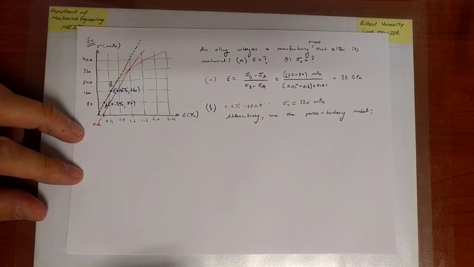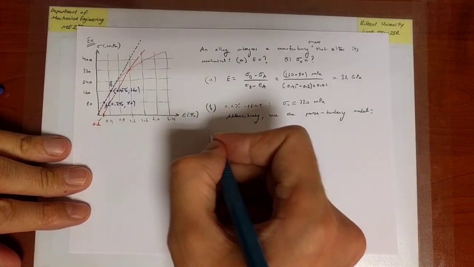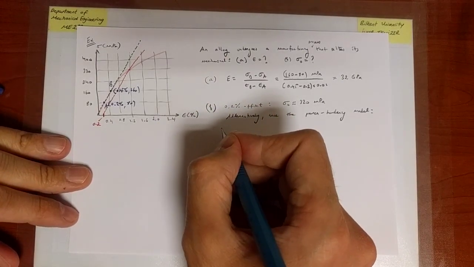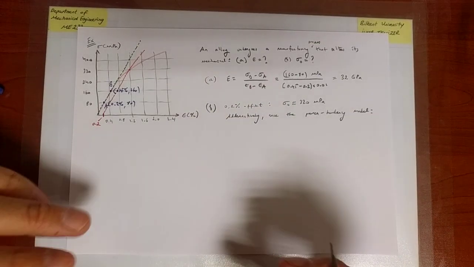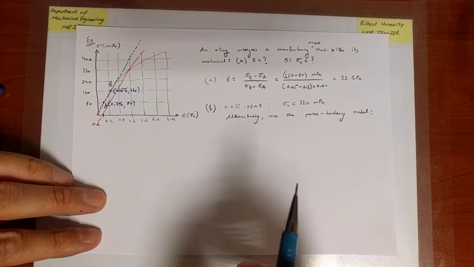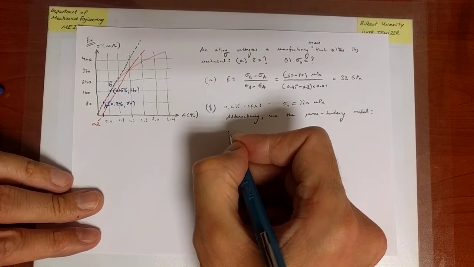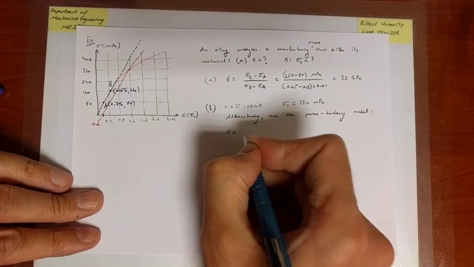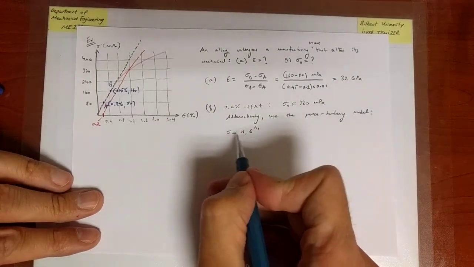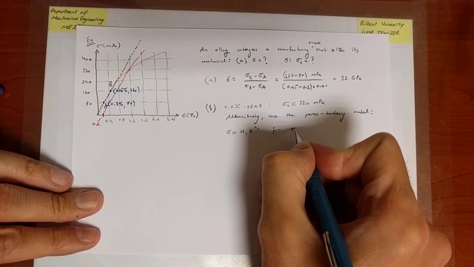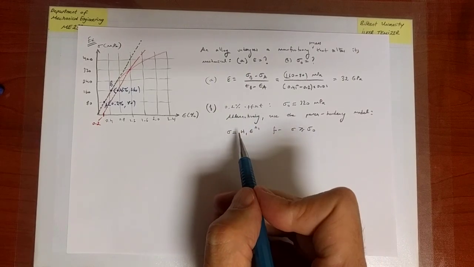The power hardening model says that if I am in the elastic region, sigma is equal to E epsilon, there is no free parameter there. If I can somehow find the material parameters H1 and N1, then when sigma is larger than sigma naught, that relation needs to hold.